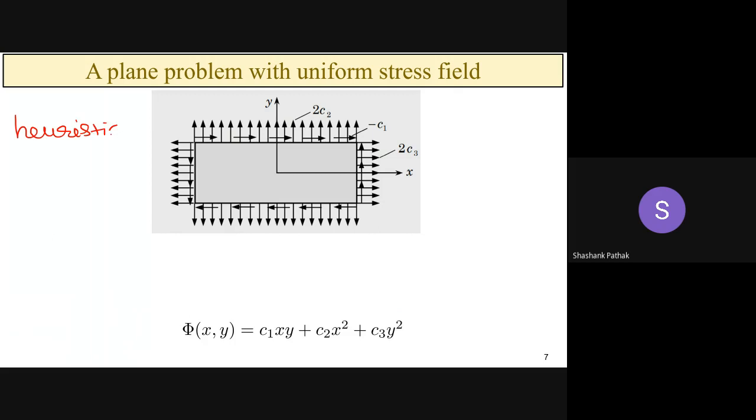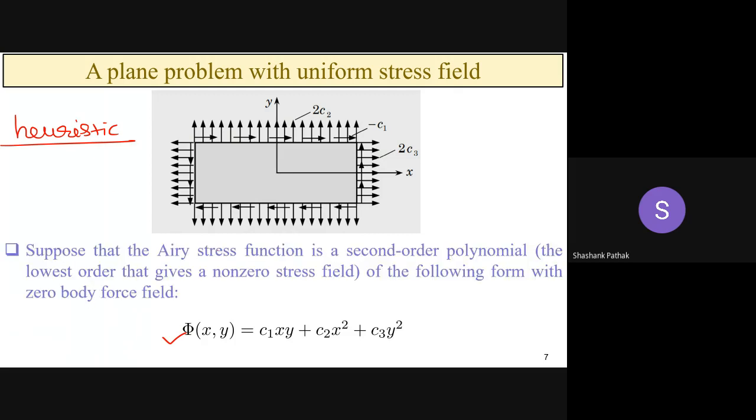When you are using a heuristic approach, it means you are using some kind of observations, some kind of prior knowledge. So this is already given to you. This can be thought of easily for these kinds of situations.